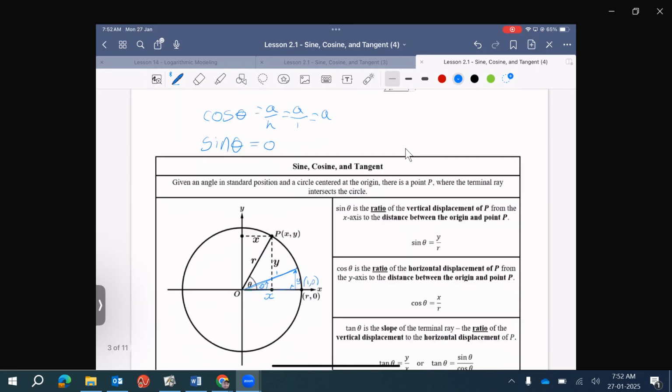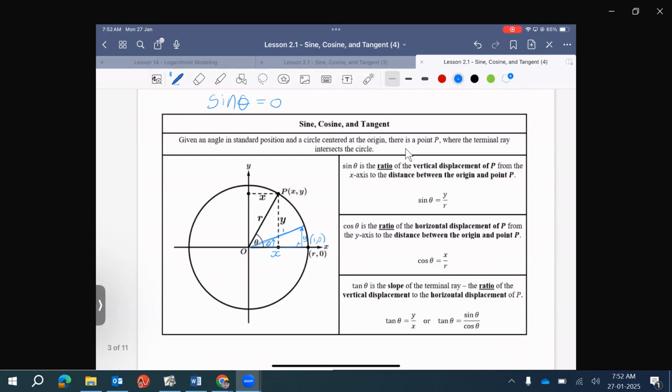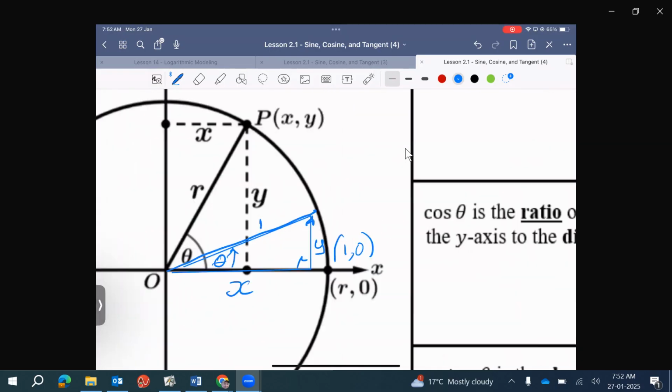So what we end up with here is this particular point P. This point P here is x comma y. And in the unit circle, it's going to be cosine of the angle, sine of the angle. And the coordinates of this point on the unit circle are always going to be thus.